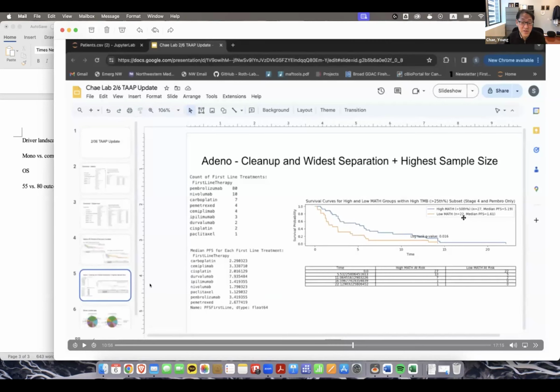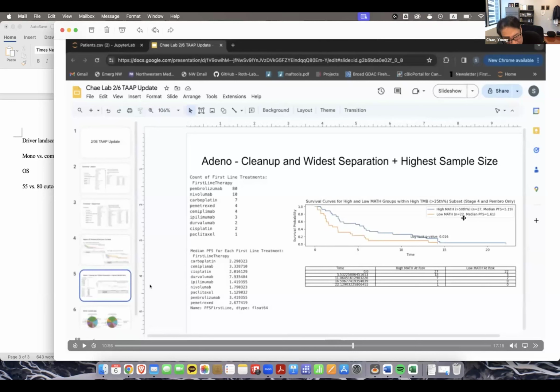Let's say in this cohort, Stas uses TMB cutoffs of 15, 25, 50, and math cutoffs as 50% median or 25% quartile, whatever it is. He can work with different cutoffs and present what he sees.